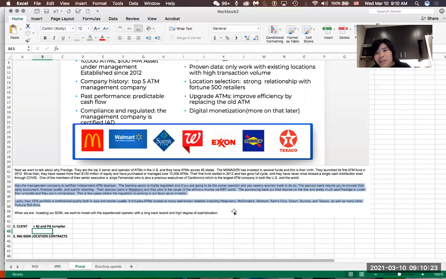Someone asked me, how do I know whether this is a Ponzi scheme? You can do some research showing that there was some case many years ago. Someone raised capital for ATM, saying that this is a lucrative business, and actually it turns out that's a Ponzi scheme. What is a Ponzi scheme?